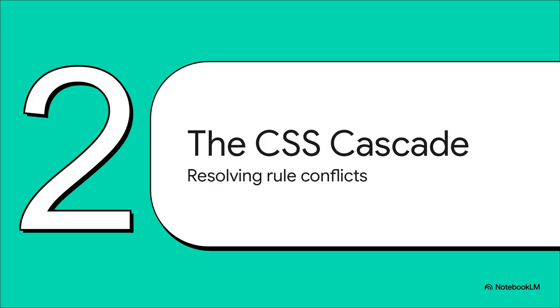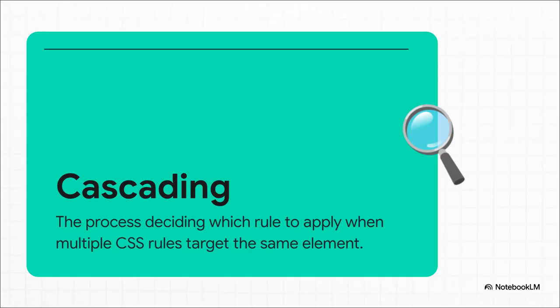Moving right along to Section 2, the CSS cascade. So we have our raw HTML structure, but what happens when styling rules collide? You might literally have 3 different rules in your code telling a single paragraph to be 3 different colors. Well, cascading is simply the automated process your web browser uses to figure out which of those conflicting rules actually wins and gets applied to the element.